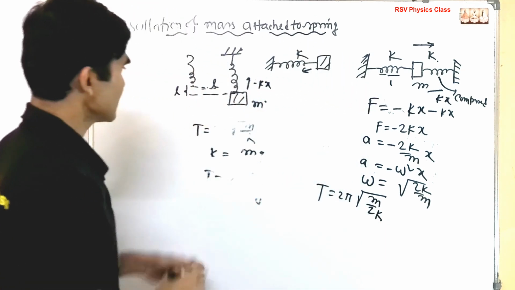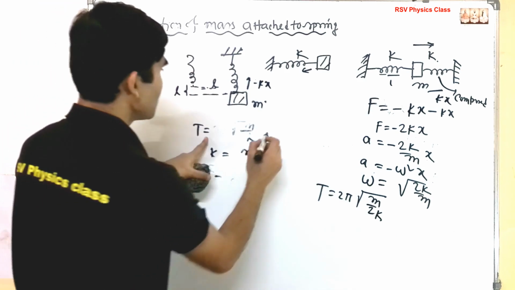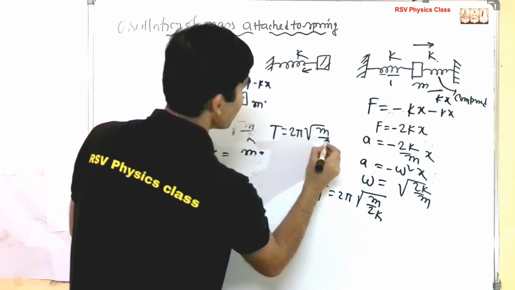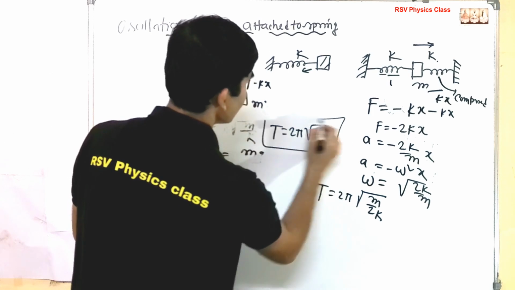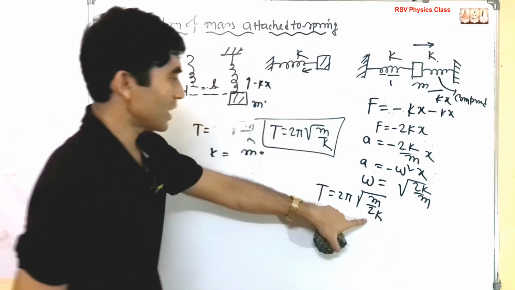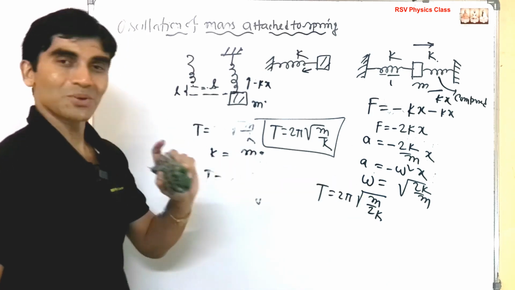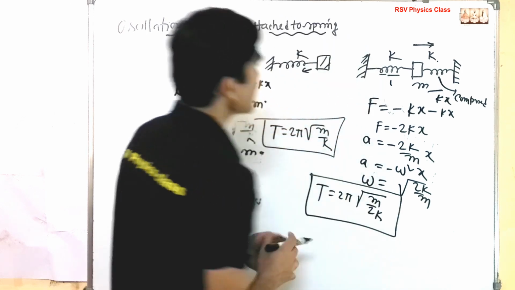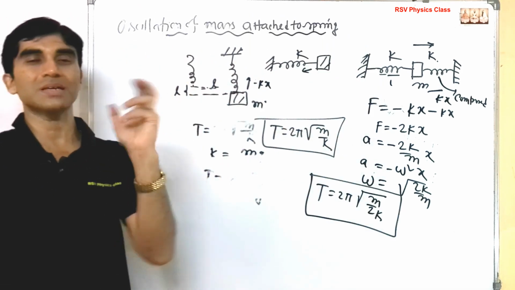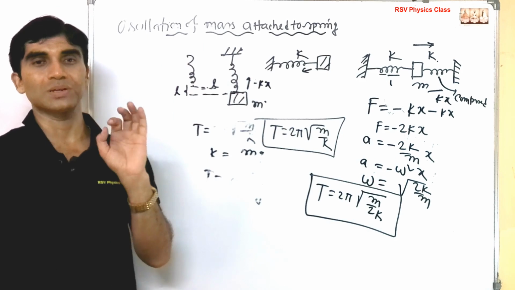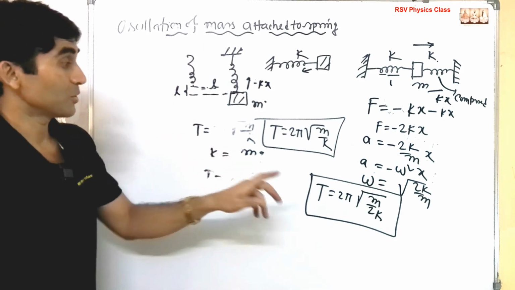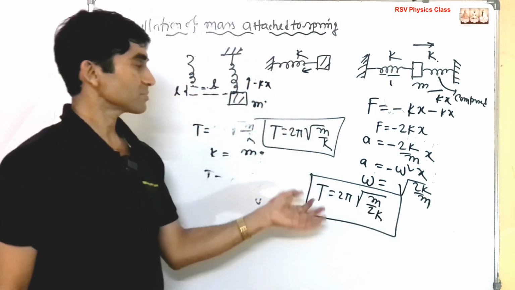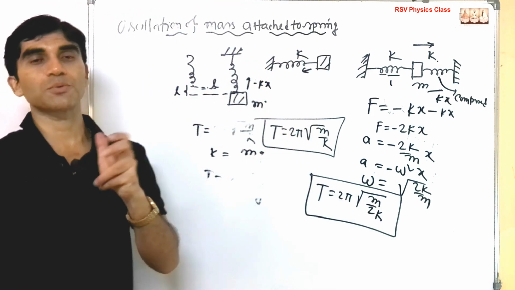In the earlier case the time period was T equals twice pi root of m by k, and here it is root of m by twice k. So this is the difference. Different spring assemblies will be there, so you have to analyse carefully for calculating the time period of oscillations. These types of problems will be important.